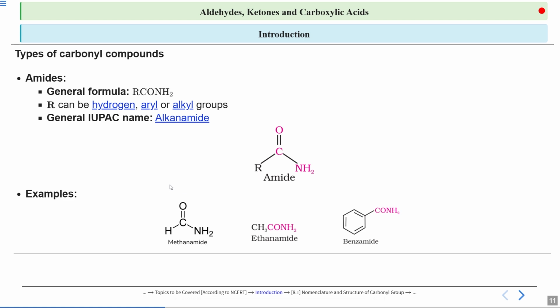You have C double bond O. One side you have an alkyl group, the other side you have an NH2 group. Similarly, over here this is a carbonyl group, C double bond O. On one side of the carbonyl group you have an aryl group, and on the other side you have an NH2 group. These are the examples of amides, and the general IUPAC name is alkane plus amide, that is alkaneamide.